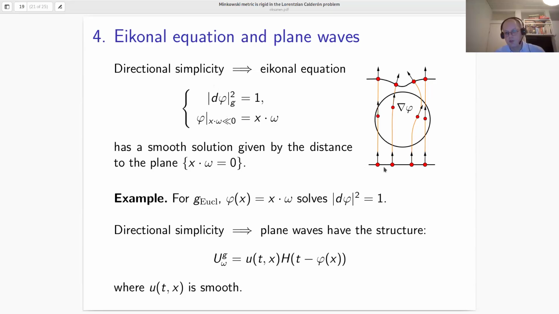And in fact, the solution is given by distance to the plane. Because if you think about the Euclidean case, this inner product with the normal vector, recall that omega is this normal direction here, a unit vector, is like the projection to the normal direction, which is the same thing as distance to this plane. And in this Riemannian case, this solution is also given by the distance to this plane, but of course it might not look as simple as this.